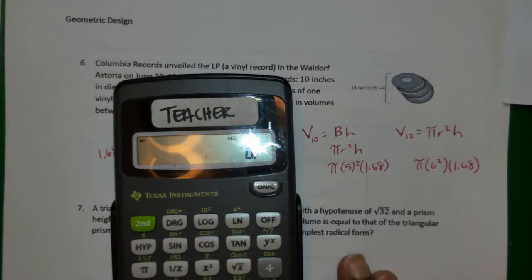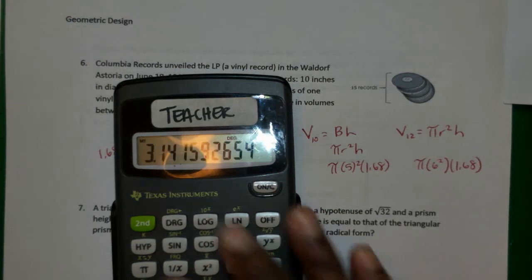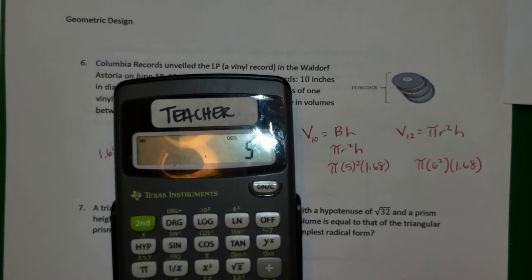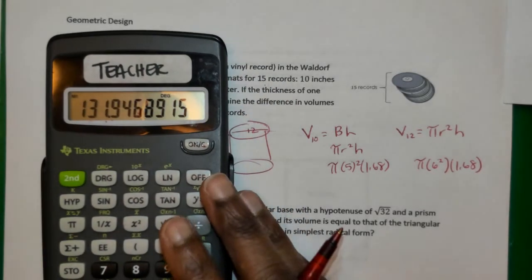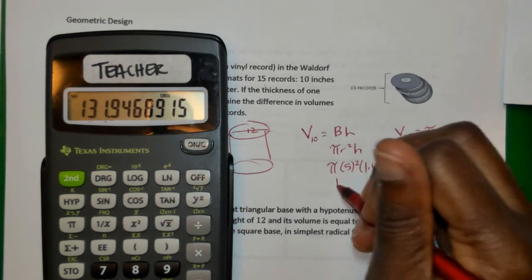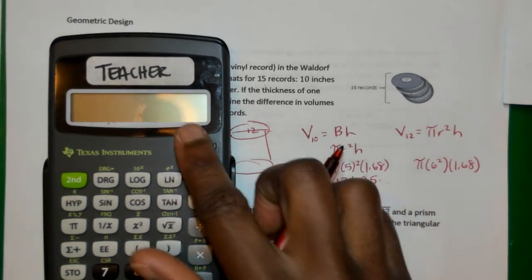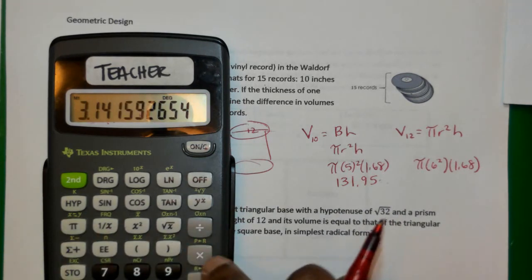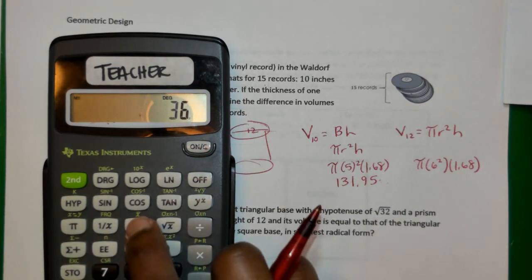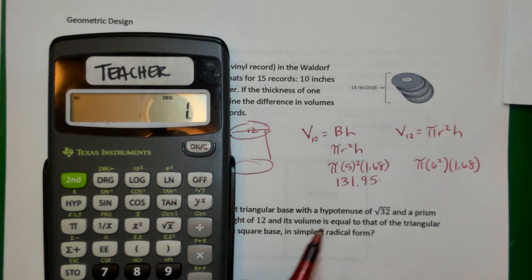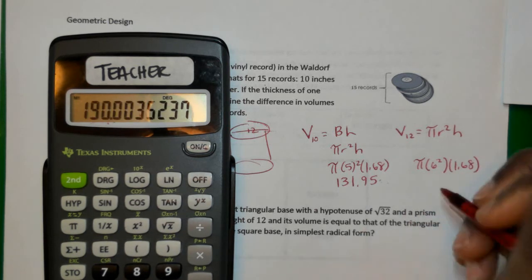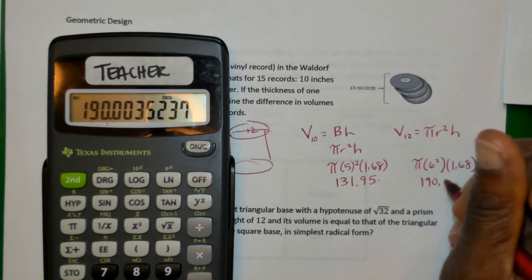Okay, so if we do the first one, and I'm going to store these in the calculator, so pi times 5 squared times 1.68 gives me like 131.9, and I'm going to store that in spot 1. And then if I do the other one, pi times 6 squared times 1.68 is about 190.00.